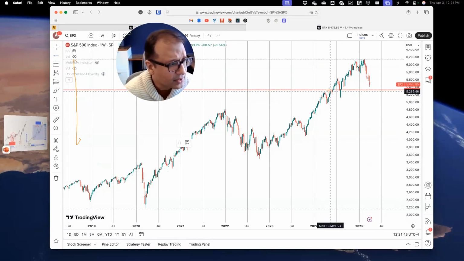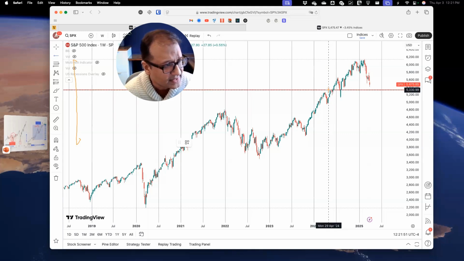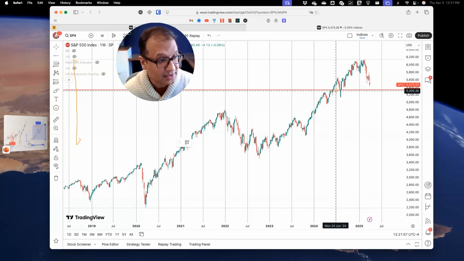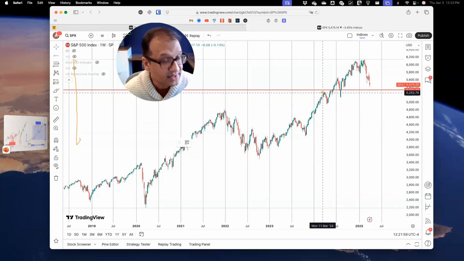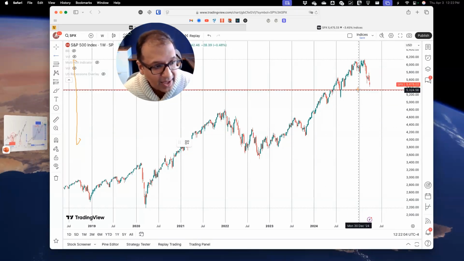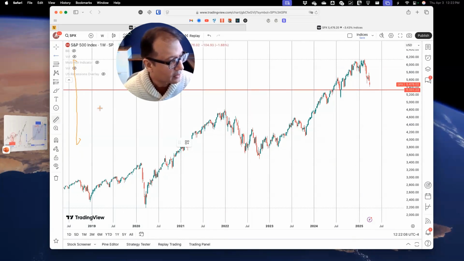Why? Because there are some resistances that became supports that were tested again a couple of times. Three times they were tested as supports, and three times they were tested as resistances. So this seems like a strong support level. If the market were to fall to this point, how bad is that? Let's see.